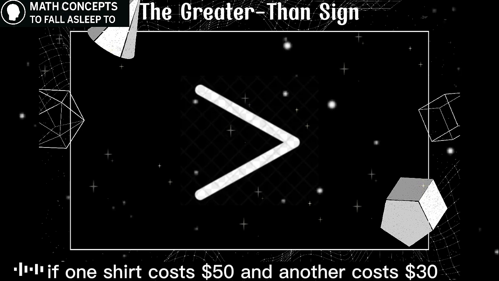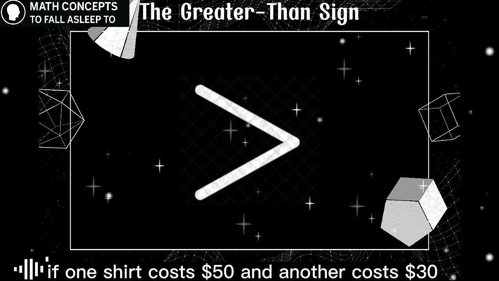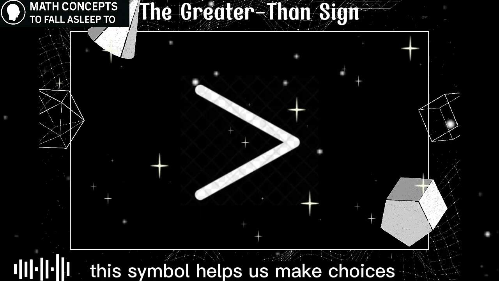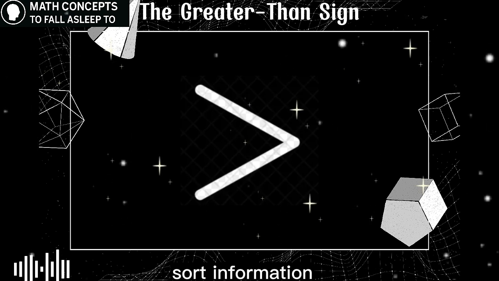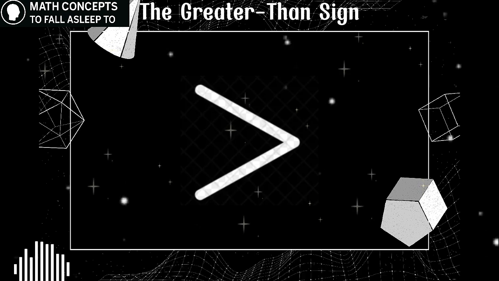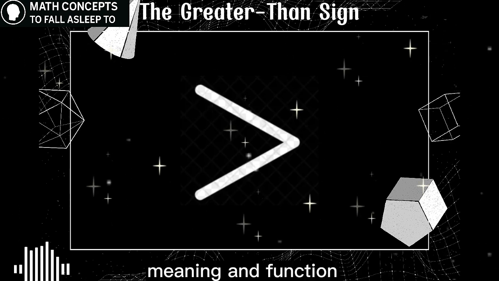Even at a store, if one shirt costs $50 and another costs $30, you'd say 50 is greater than 30. This symbol helps us make choices, sort information, and understand the world through comparison. Super useful, right?